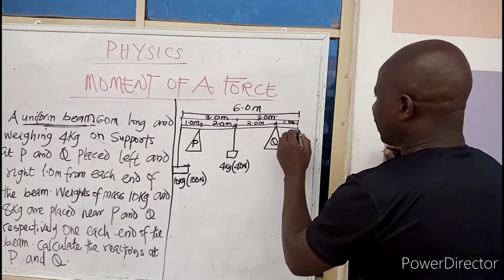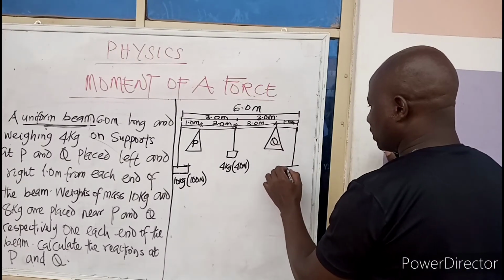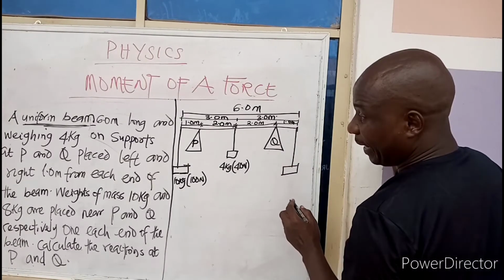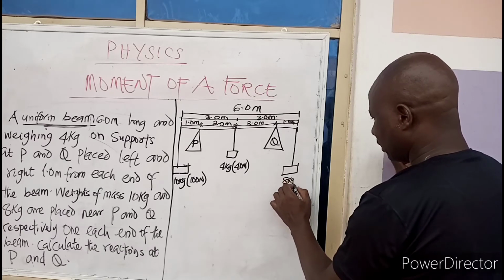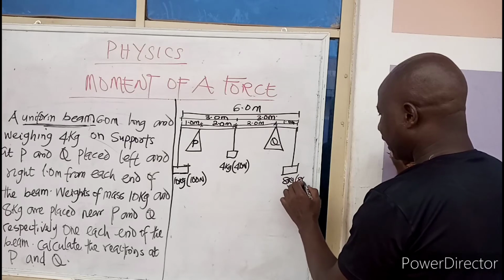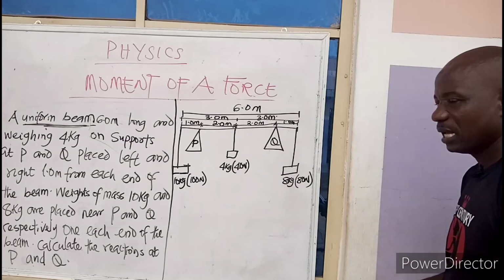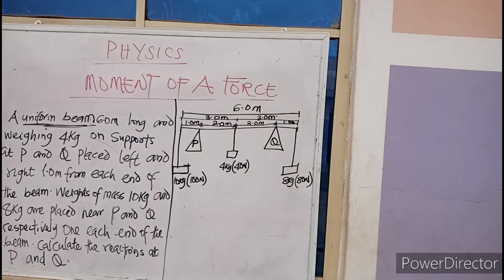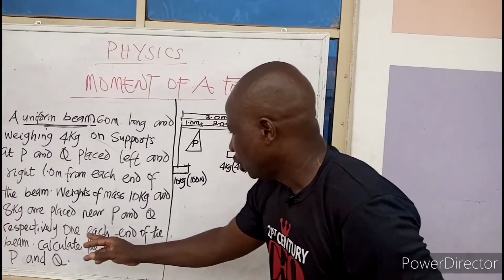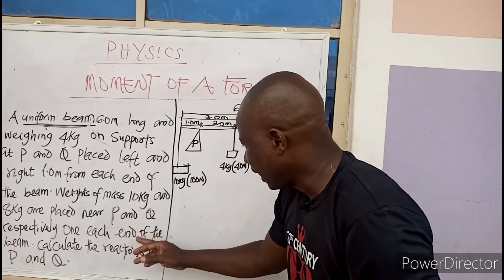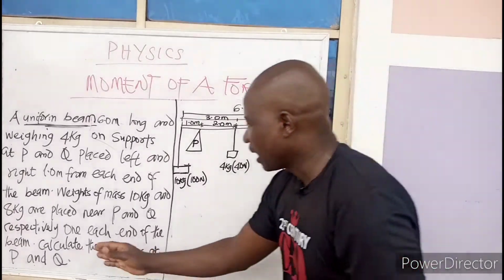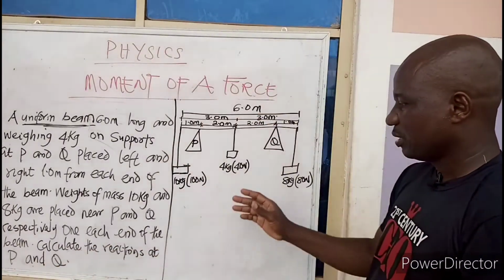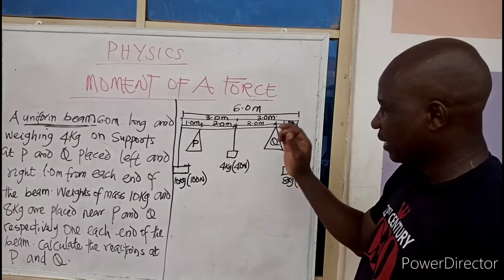Then the other one is 8 kg. This one is same thing as 80 Newton. Class, are we there? Respectively, one at each end of the beam. Fine. The question now says, calculate the reaction at P and Q.